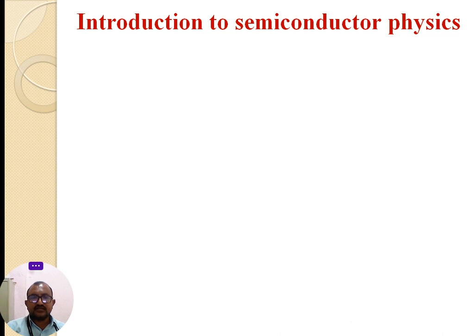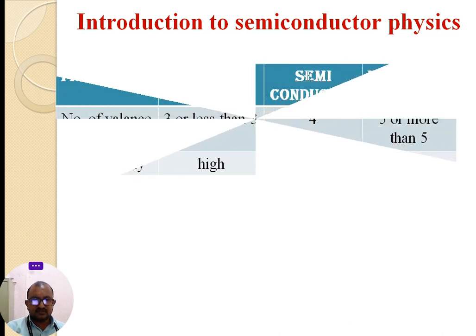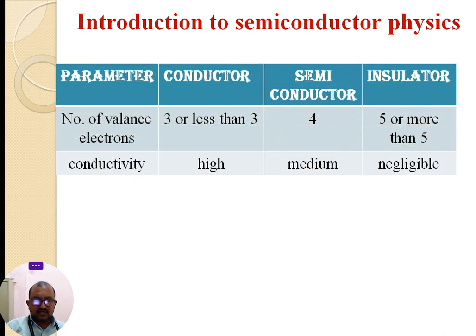Then we have to study the introduction of semiconductor physics. There are three types of material: conductor, semiconductor, and insulator. A conductor is a material in which the conduction band and valence band are overlapping each other. In a semiconductor, the conduction band and valence band are separated by a small energy gap.